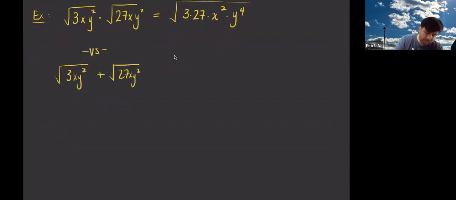So I can break, for example, this is a perfect square. This is a perfect square. 27 can be rewritten as what? 9 times 3xy squared. So I can write this as the square root of 9y squared times the square root of 3x. Then I can write this as the square root of y squared times square root of 3x.